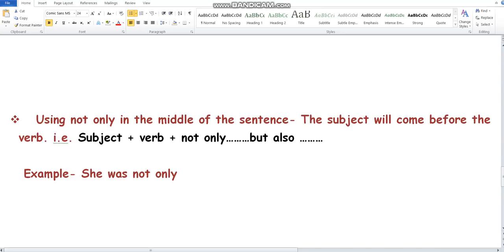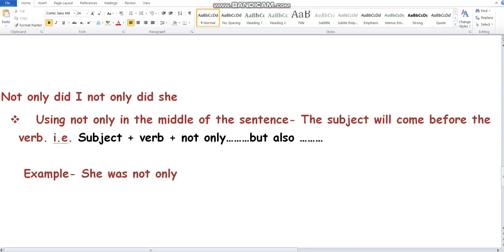Now we'll talk about writing not only in the middle of the sentence, using it in the middle of the sentence. The major difference is the position of the verb. When we begin with not only, the helping verb comes before the subject. What do we say? We say, not only did I, or not only did she.